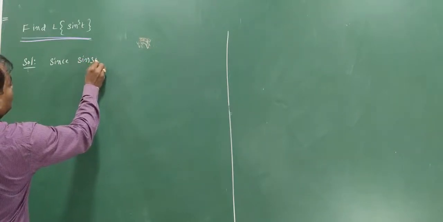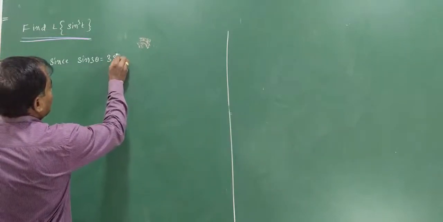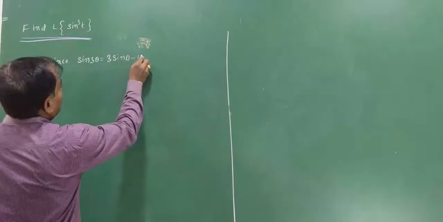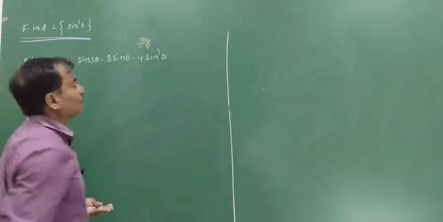Since sin 3t equals 3 sin t minus 4 sin cube t.